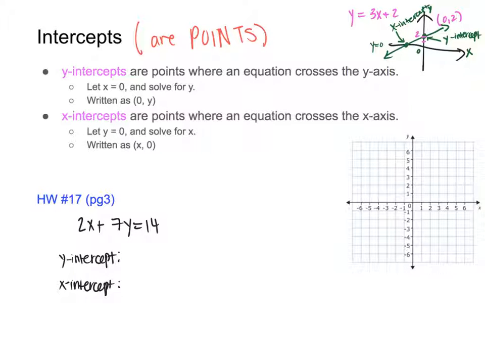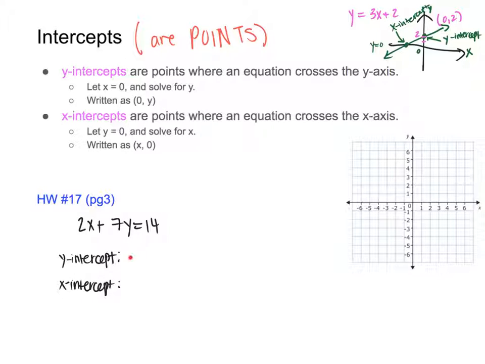The thing is, it wants to find the intercepts and it wants you to graph it. I haven't taught you how to graph an equation that looks like this. So one way we can tackle this problem is to first find our intercepts, and we can do that from our directions here, and I'll show you in a moment.